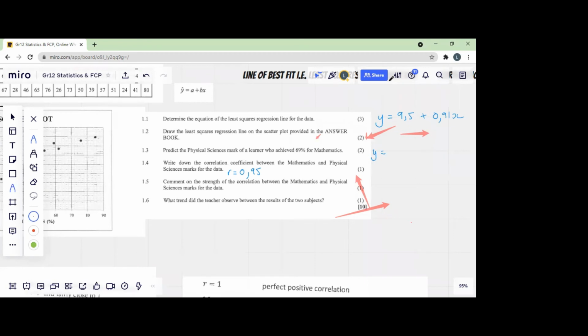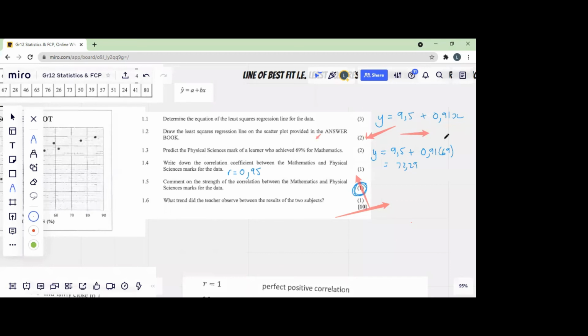Then we need to comment on the strength. Can you see this is for 1 mark? You've got to be super careful here. That was 72,29. Comment on the strength of the correlation coefficient. There are 2 words that they want you to say.